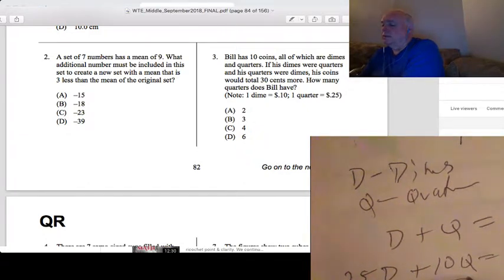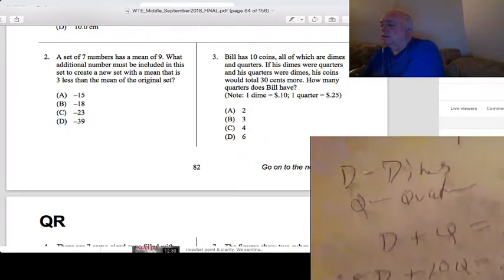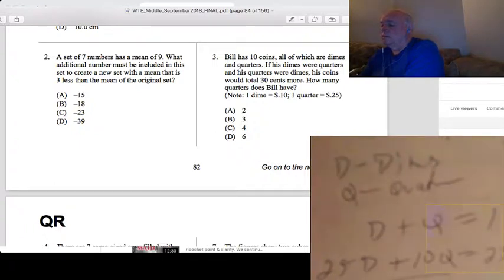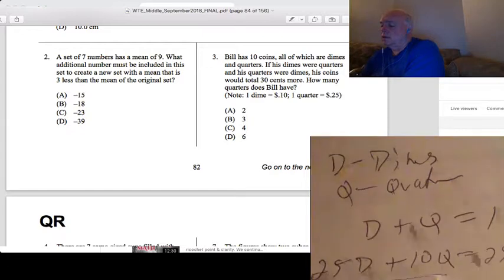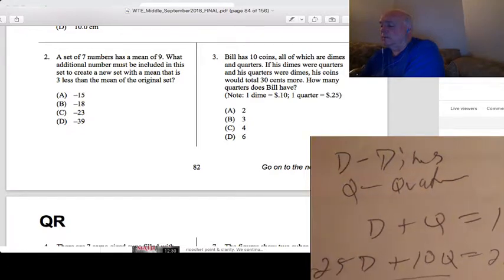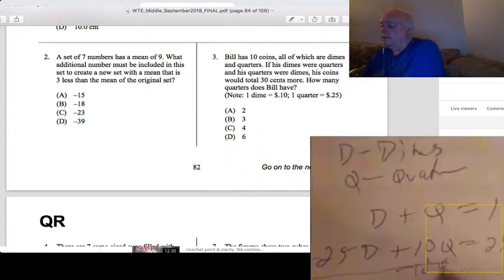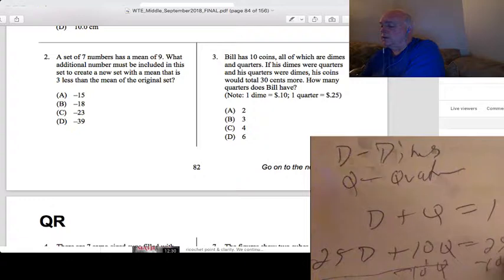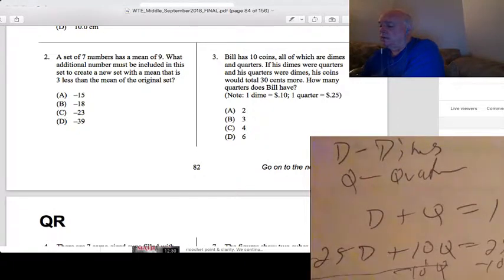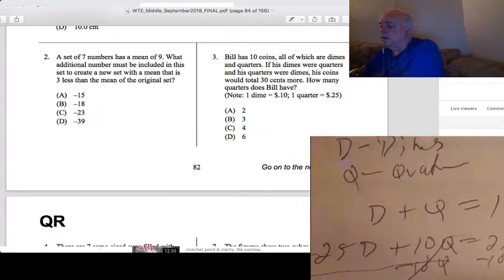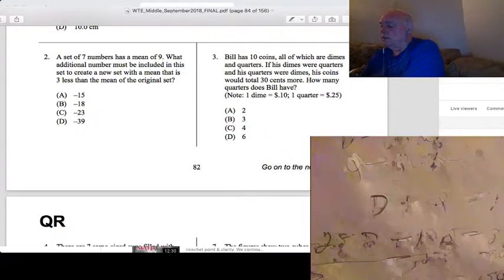So let's take this algebraic line and collapse it down. What we can do is subtract 10 quarters from both sides. So we get 25D, this cancels out, equals 15Q. And then if we take 10D away from here, minus 10D, that cancels out, minus 10D over here.